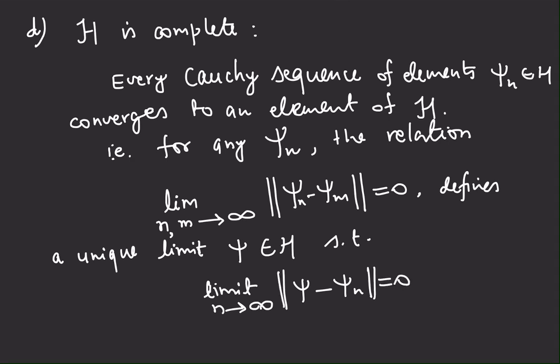So Hilbert space H is complete, as every Cauchy sequence of elements in Hilbert space converges to an element of this Hilbert space.